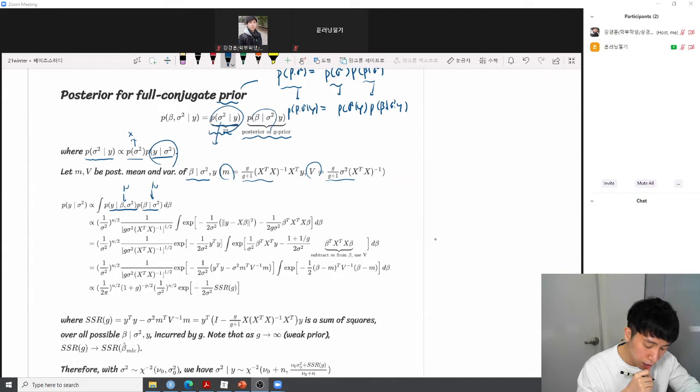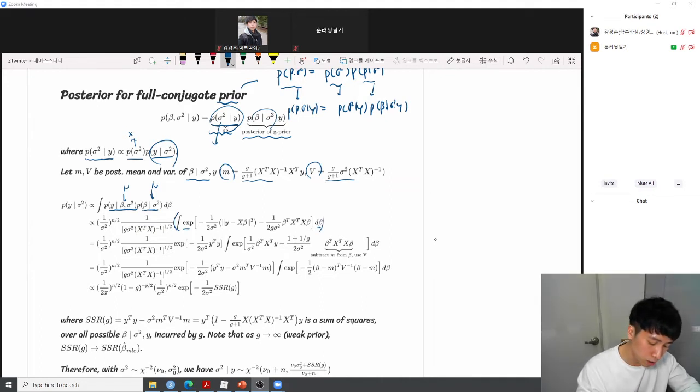So we can combine these two expressions inside the exponential terms, and all the other terms that do not depend on beta can be separated out. They will be moved outside of this integral, right?